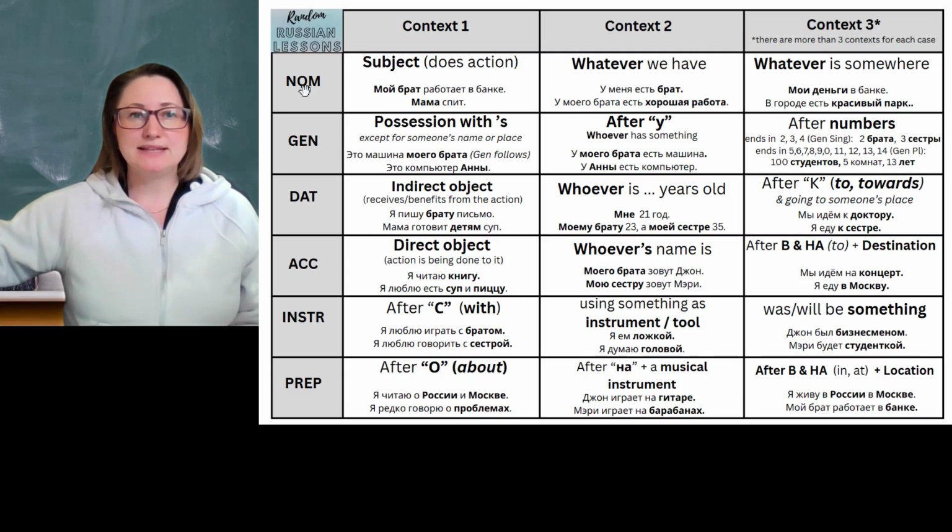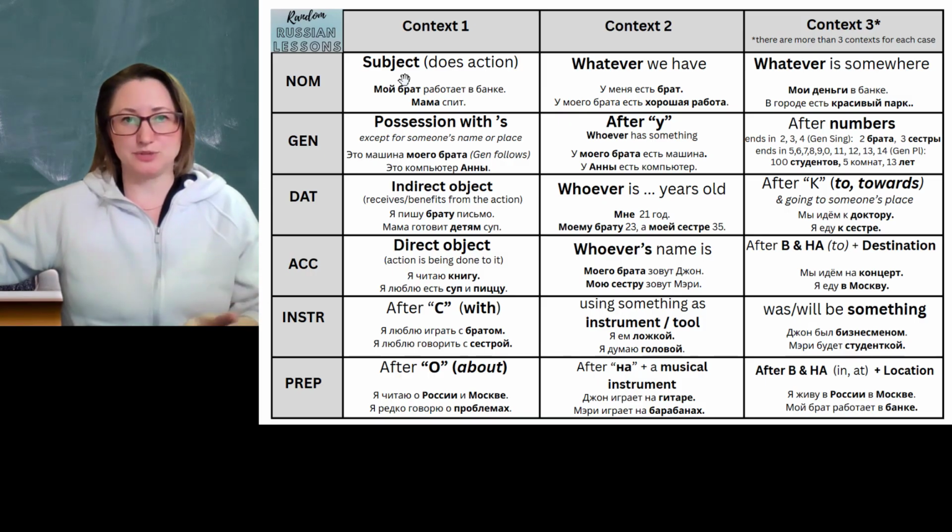As you can see, the very first context says subject, the one that does the action. Now, nominative case is the default case, meaning that the words in their default form, the way they appear in the dictionary, are in the nominative case. And an interesting thing is that all of the contexts that I will present to you for nominative, so 3 here and more in another video, actually all will be subjects.